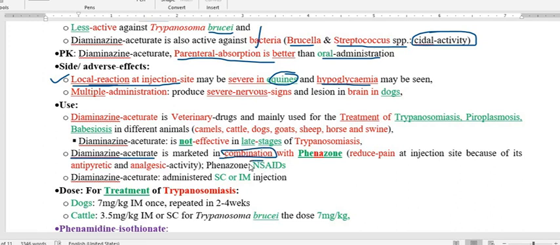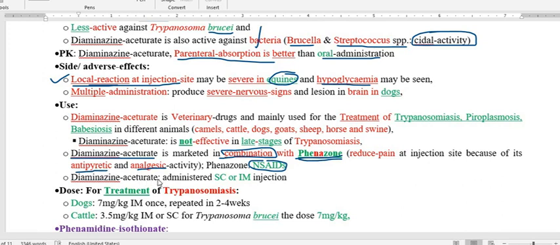Here is the example. Diaminazine is usually marketed in combination with a non-steroidal anti-inflammatory drug, phenazone. So diaminazine aceturate comes in combination with phenazone.